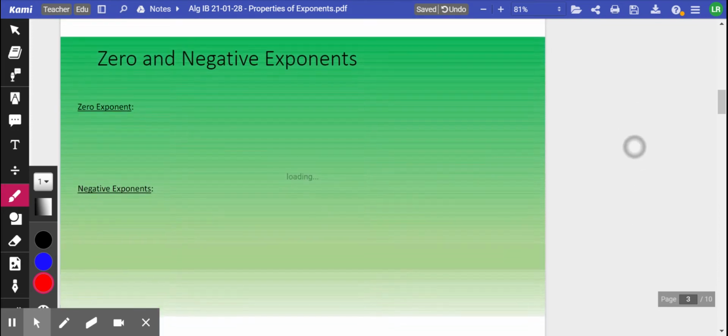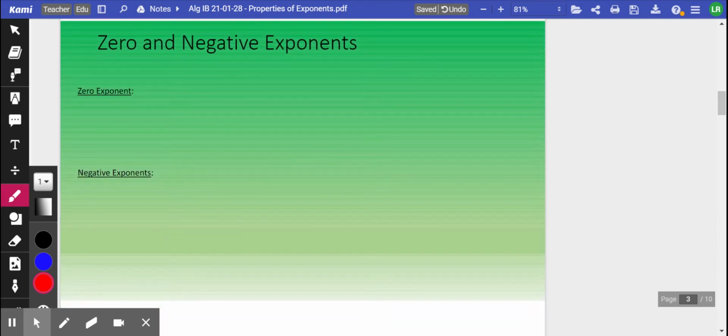Now, we are going to be learning about all the different types of exponential properties. So the first 2 that we need to talk about are just basic principles with 0 and negative exponents.